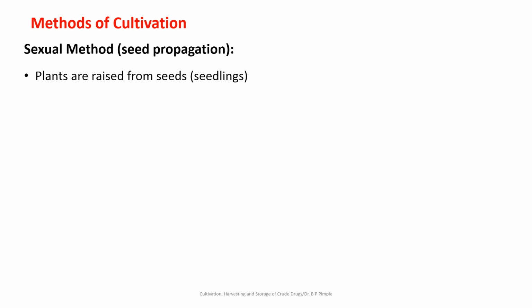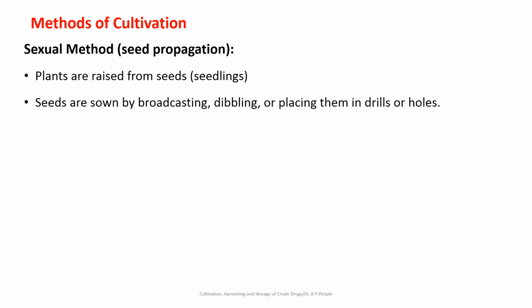The plants are raised from the seeds. A seedling is the crop or the plant that has developed directly from the seed. Seeds are sown either by using the broadcasting method or by the dribbling method, or placing them in drills or holes which are manually made.